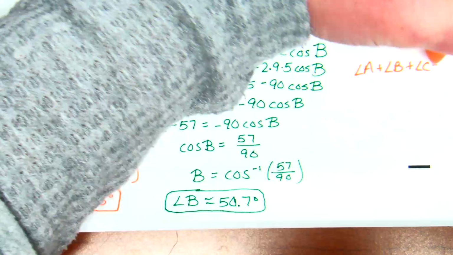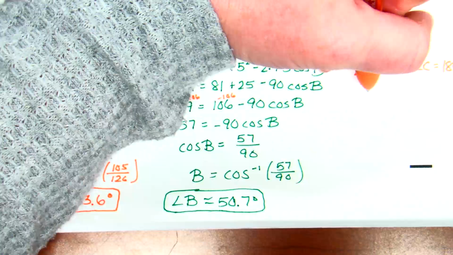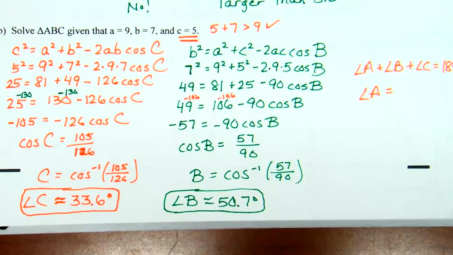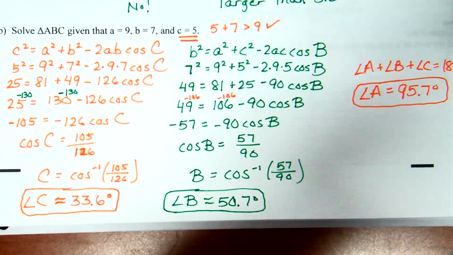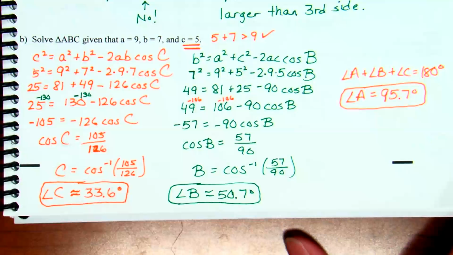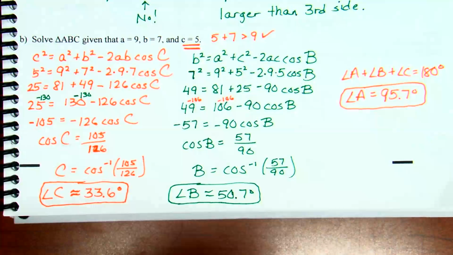Angle A plus angle B plus angle C equals 180. So with that in mind, what is angle A going to be? Sorry, what was it? 95.7. Okay, get what you need from there. And you can flip to example 3 and start thinking about a baseball diamond.